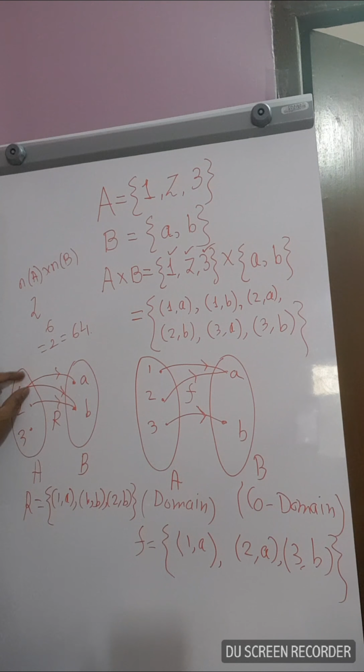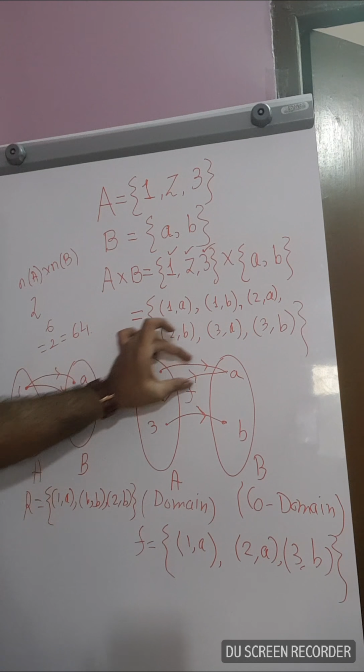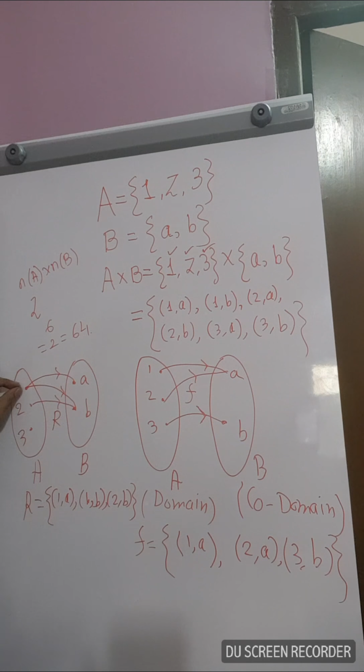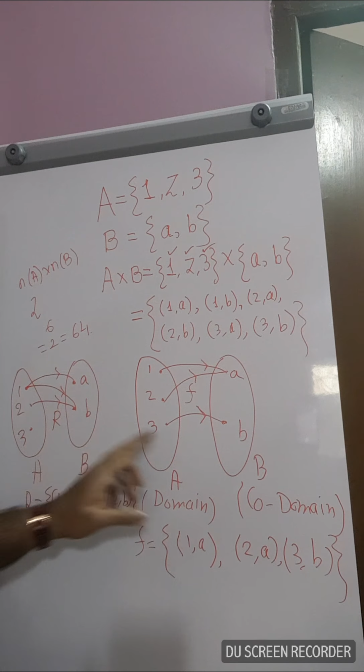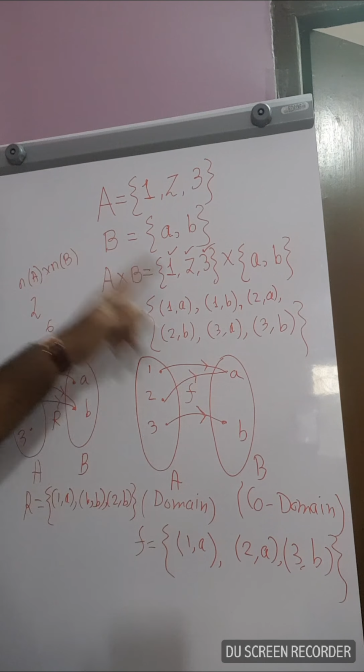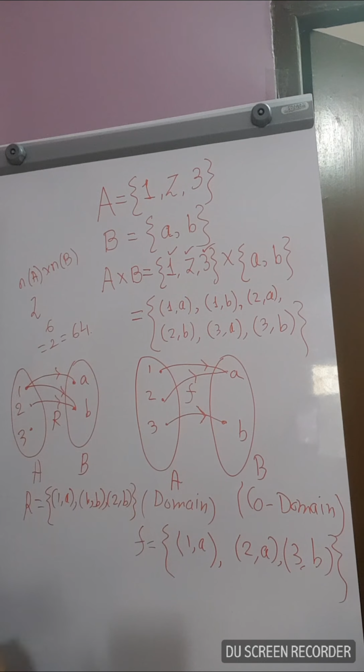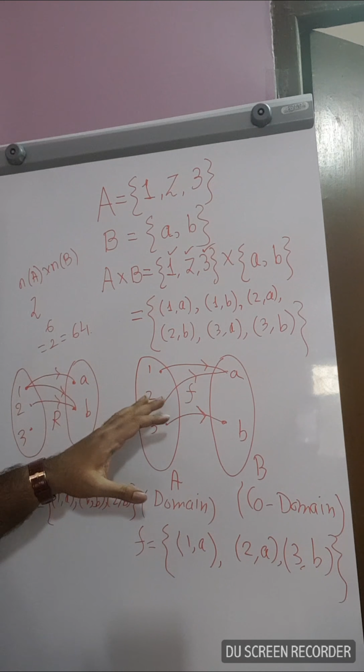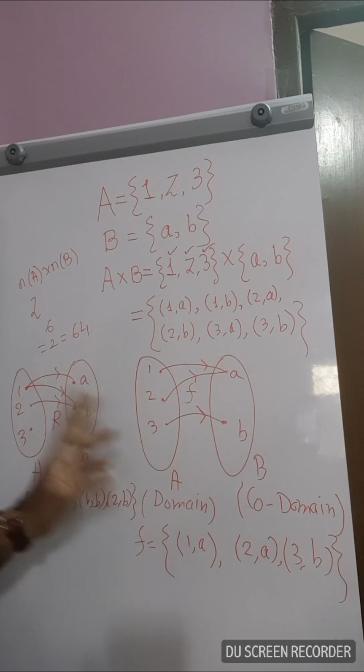So one-to-many association is not permissible in case of a function. Many-to-one association is permissible, but one-to-many is not permissible. So this is what these two criteria differentiate a function from a relation. So from this discussion, we can conclude that every function is nothing but a relation, but every relation cannot be considered to be a function unless it satisfies the two criteria.